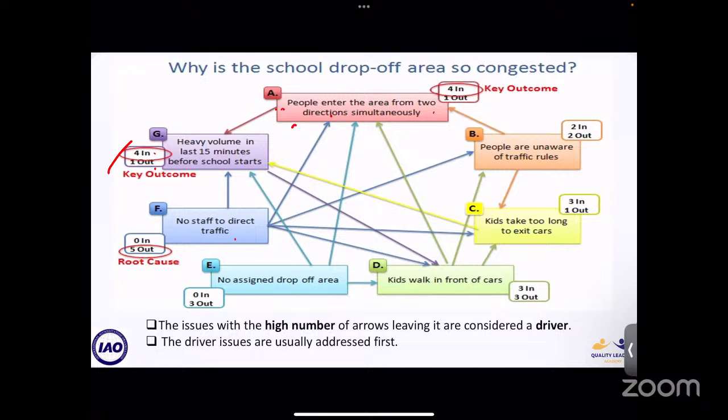So we have people entering the area from two directions simultaneously, and there is no assigned drop off area. What else? The other root cause.